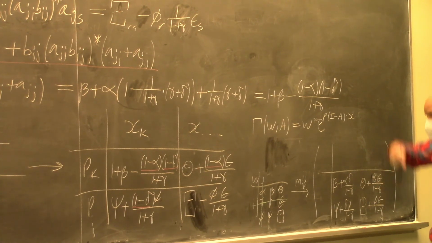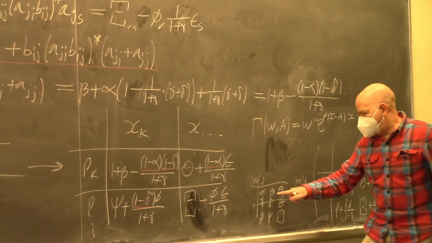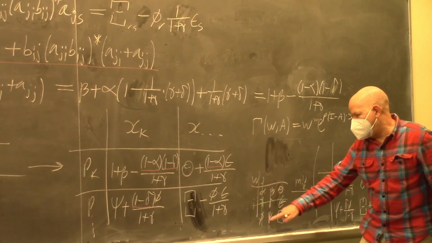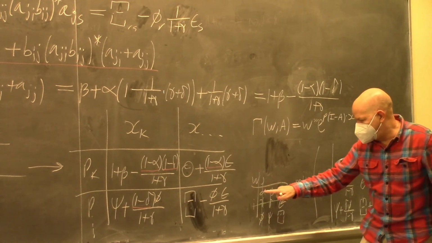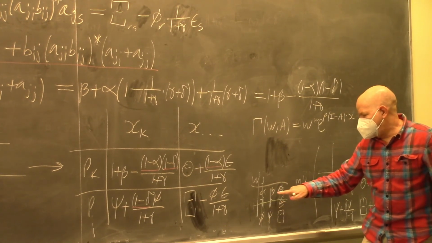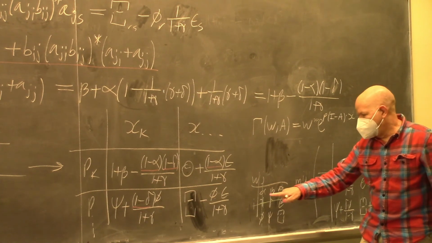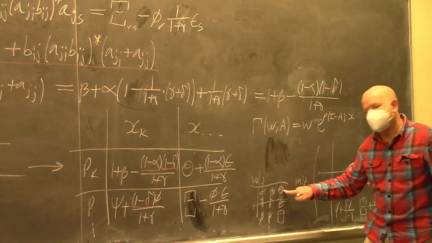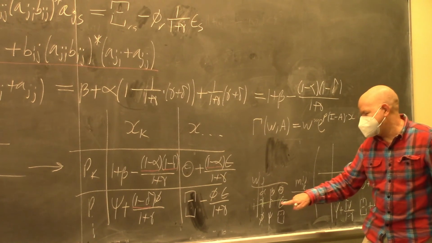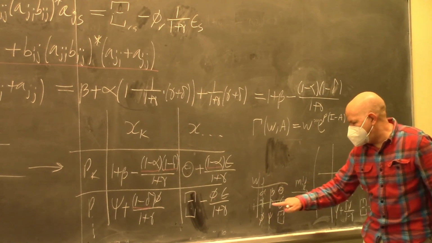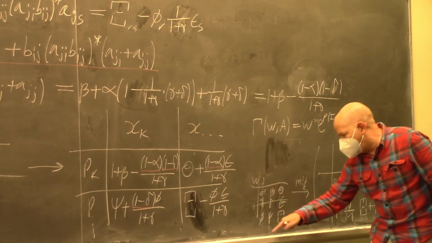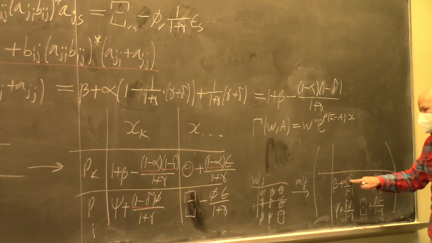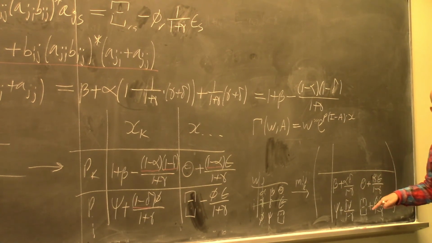And I add to the result the product of the column I removed with the row I removed. I removed alpha phi and delta epsilon, so when I multiply this column with this row, I get exactly the other terms that appear here. So now it's simple enough.